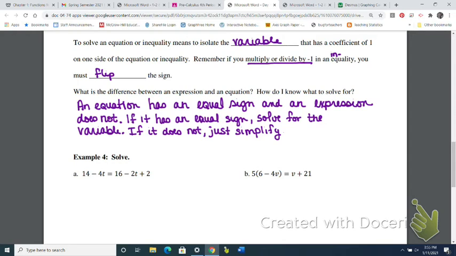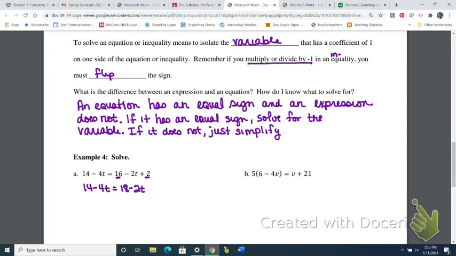So let's solve these first two. First thing I'm going to do is combine any like terms I have. On this side, I have a 16 and a positive 2. So I get 14 minus 4t equals 18 minus 2t.